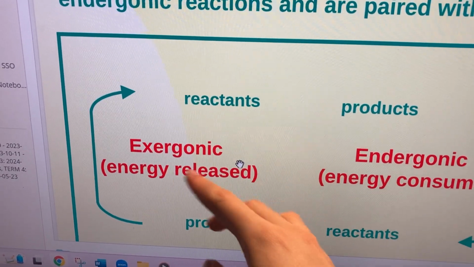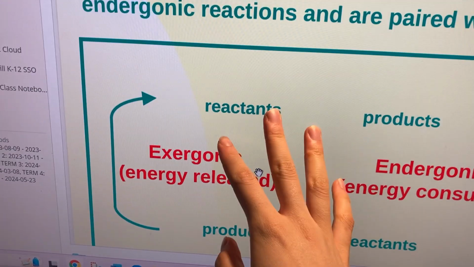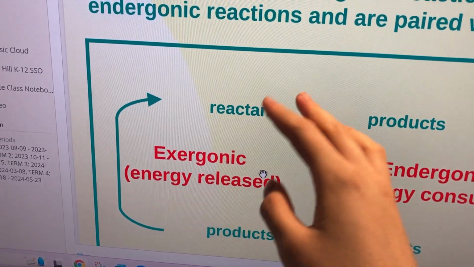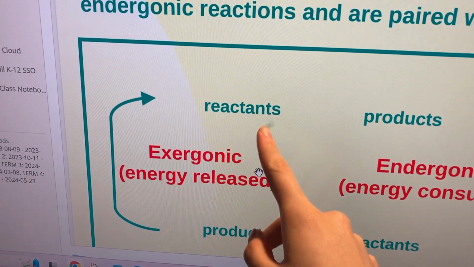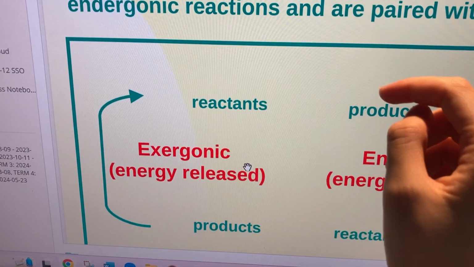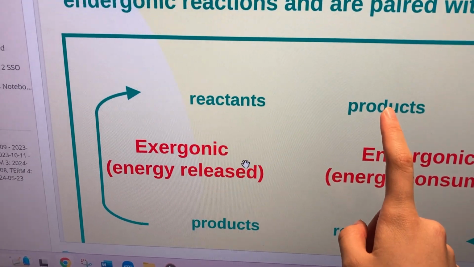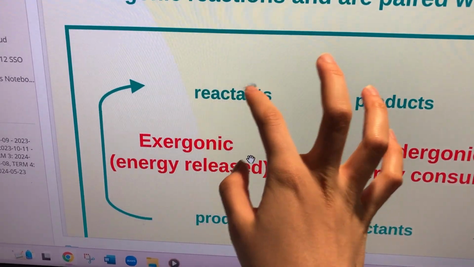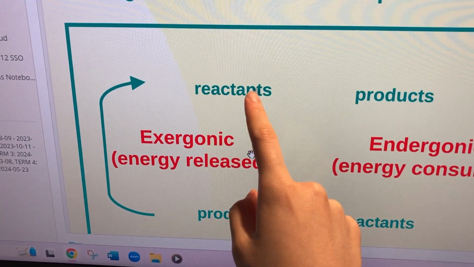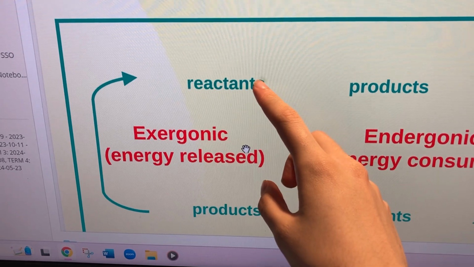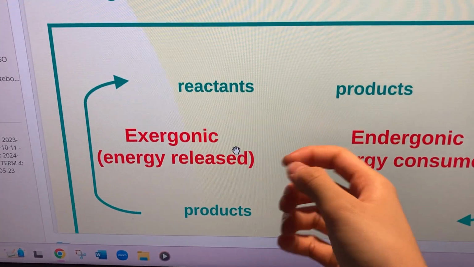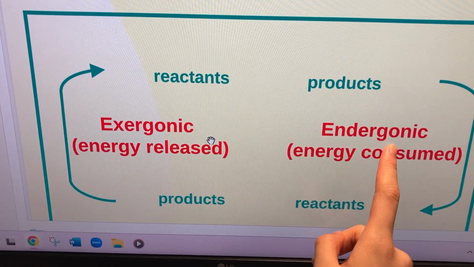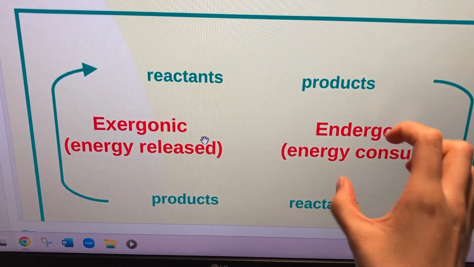After the energy is released, you're left with a small chemical compound. And then that small chemical compound becomes the reactant. You take the small compound and you absorb energy. So you go through an endergonic reaction, and then it becomes bigger again.